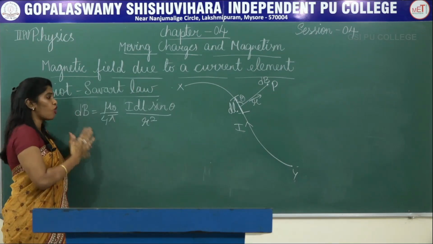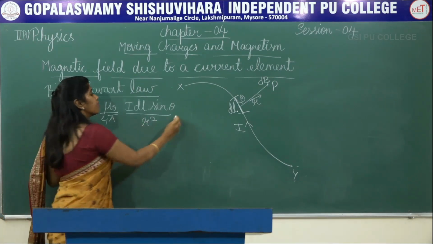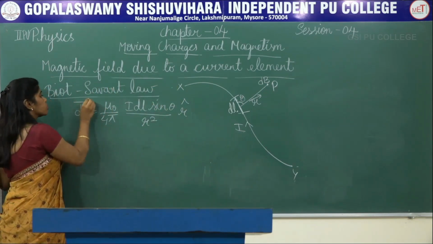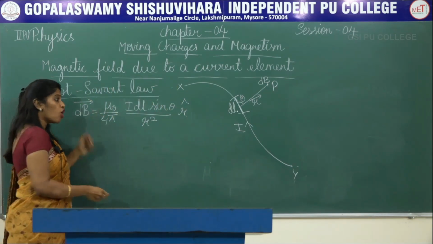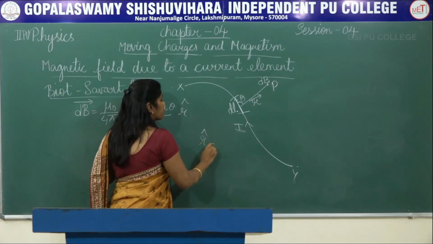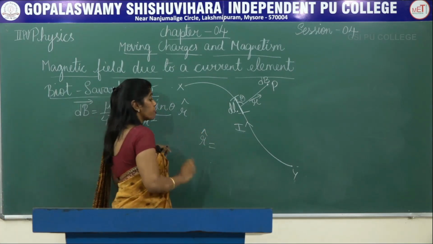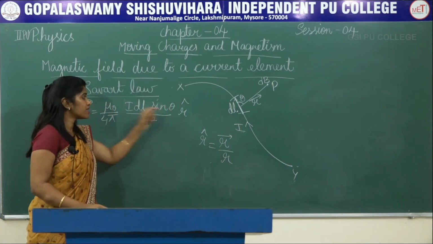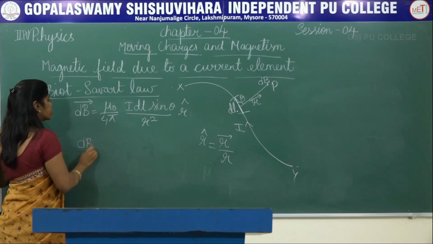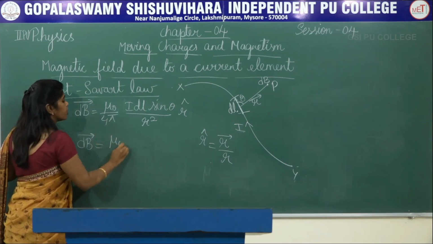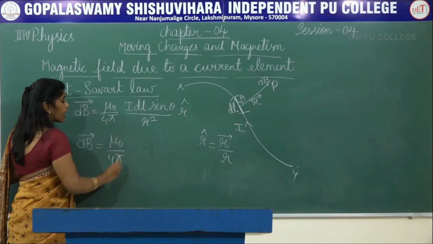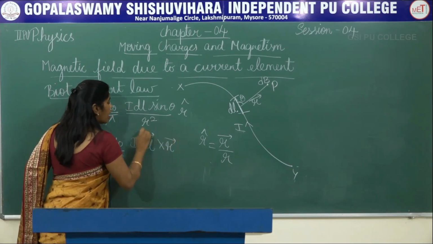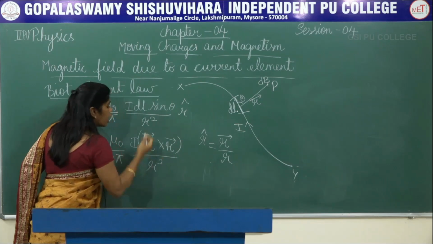Now, to write this formula in vector form, I just multiply by a unit vector r cap. The unit vector r cap is also defined as vector r by its magnitude. Just multiplying that in, I get dB is equal to mu naught by 4 pi I dl cross r divided by r cube.